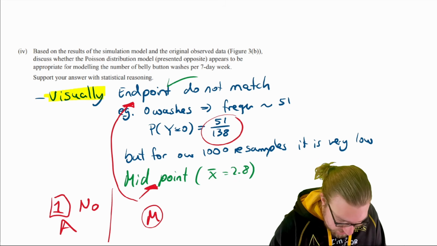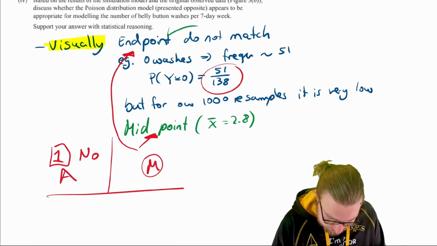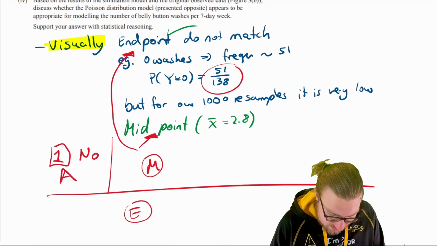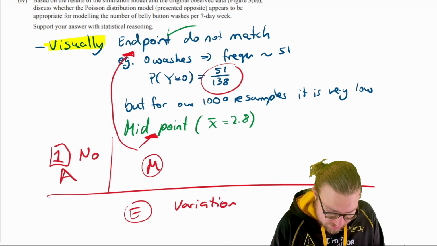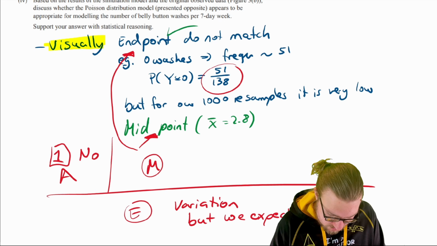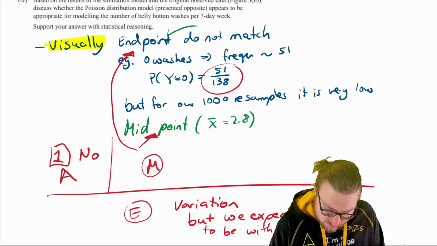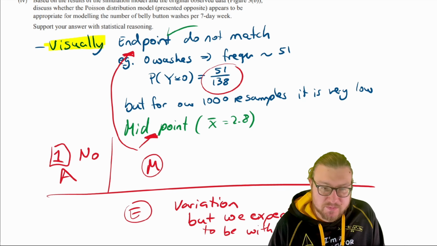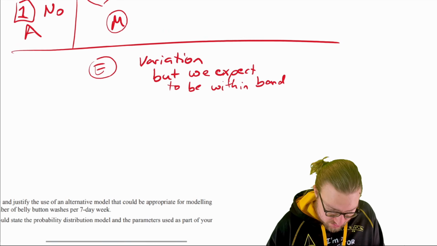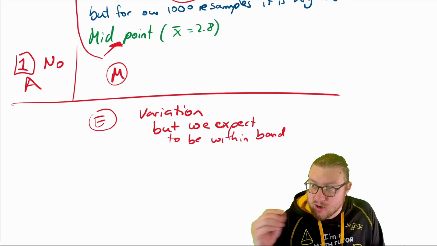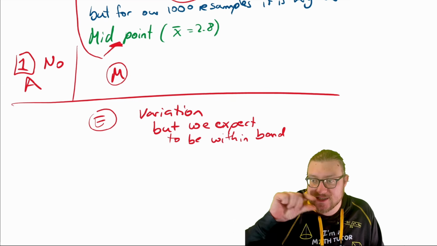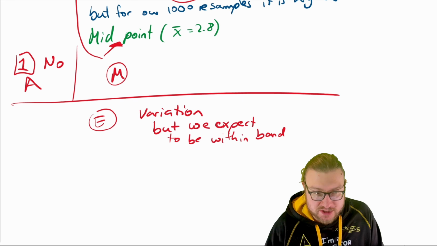So for the E mark, you need to add that there is variation within the resamples, but we expect to be within the band. Because of sampling variability, we would still expect to be within that band, but we're not.